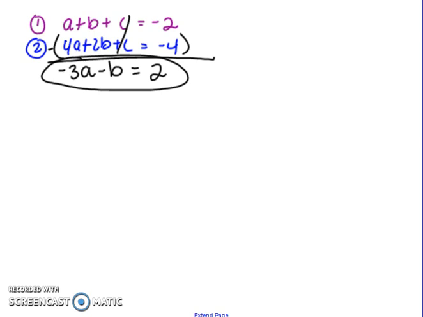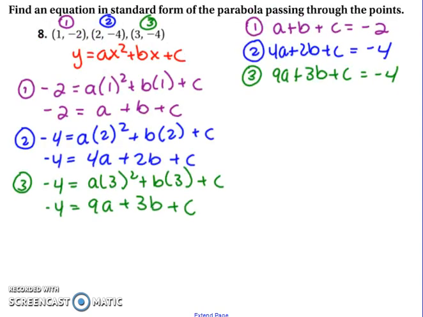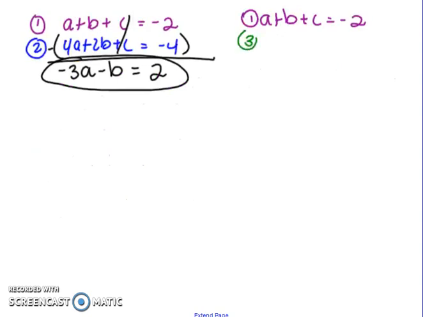So now I have to use the third equation. So I'm going to use equation 1 and equation 3. So a plus b plus c equals negative 2. And then the third equation I didn't use yet. I have to use that one. So it's 9a plus 3b plus c equals negative 4.